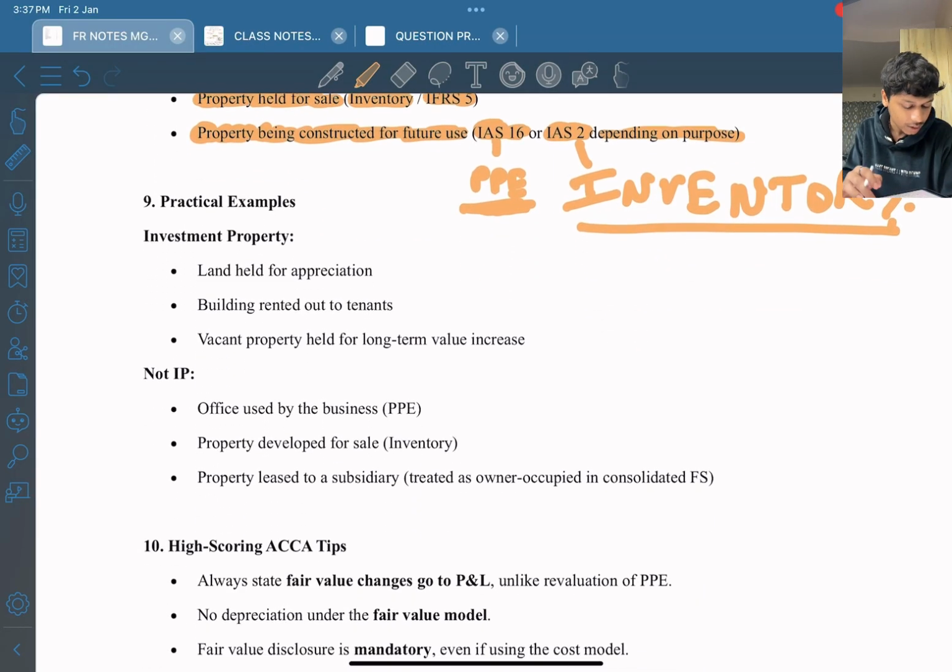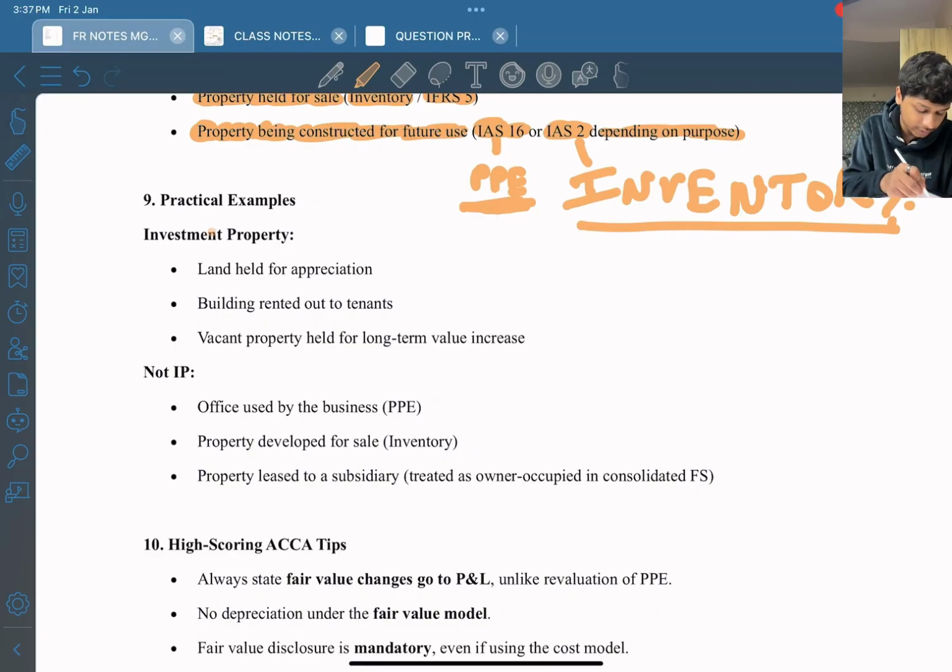So the practical example for investment property is land held for appreciation. Obviously, people buy land because the value of land increases frequently, right? So that is why people buy land for increasing their wealth. Building rented out to tenants is also an investment property because it is a building and it is rented out to a tenant.